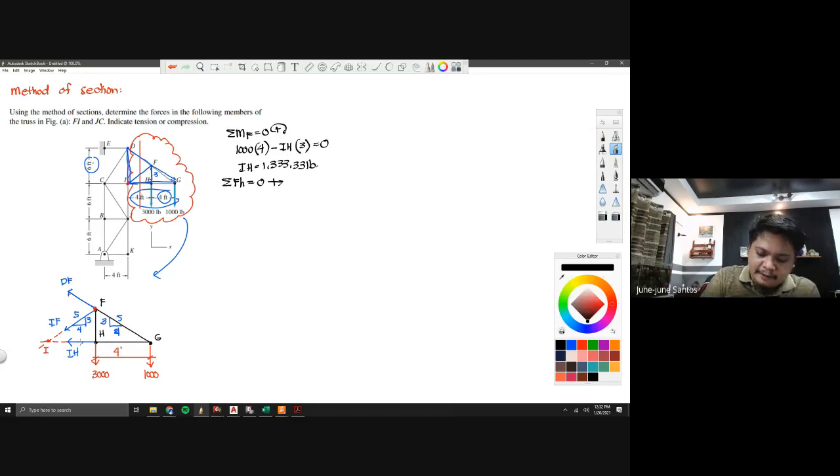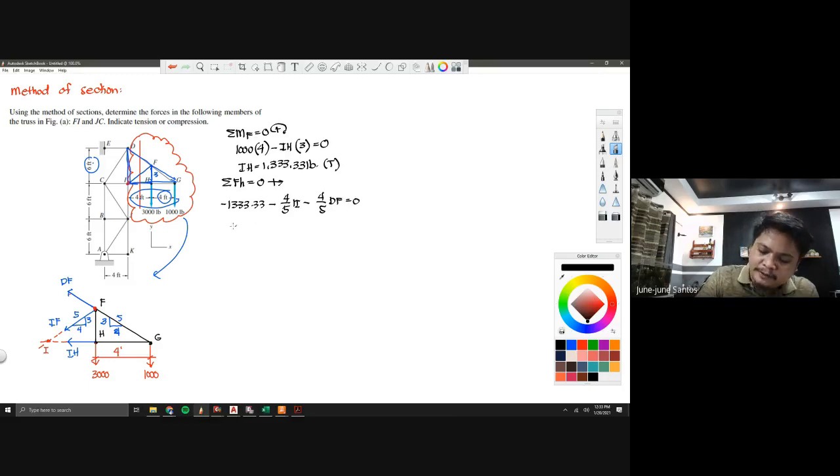So, I will have it, by the way, yung IH natin is tama, so that is in tension. So, negative IH, negative 1333.33, minus 4 over 5 of IF, minus 4 over 5 of DF equal to 0. Okay?